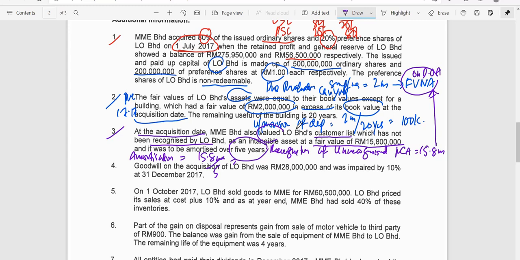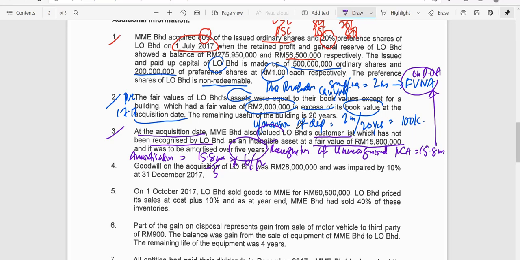You need to calculate how much is the amortization, and that has to be also multiplied by 6/12.